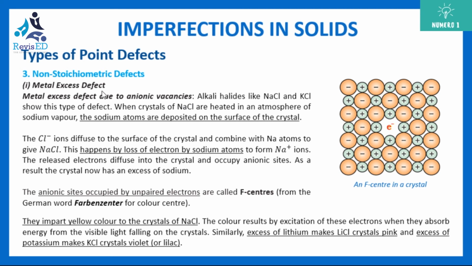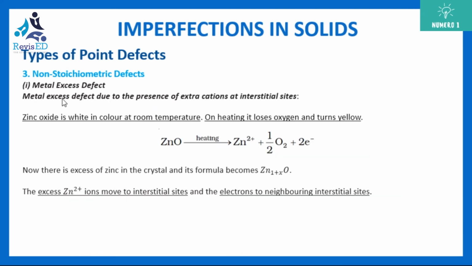Another reason for metal excess can be the presence of extra cations at an interstitial site. Here below is an example: zinc oxide, which is white in color at room temperature, on heating loses oxygen and turns yellow. So this is a property. Now, why on heating does it lose oxygen and turn yellow? This is the reaction. ZnO when heated loses oxygen. Now there is Zn2+ and two electrons.